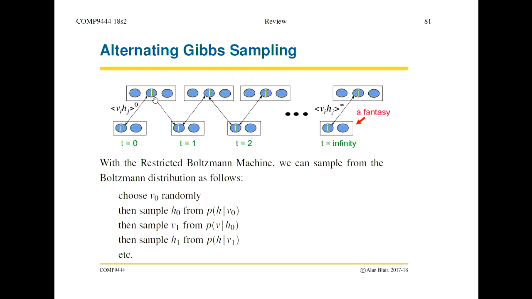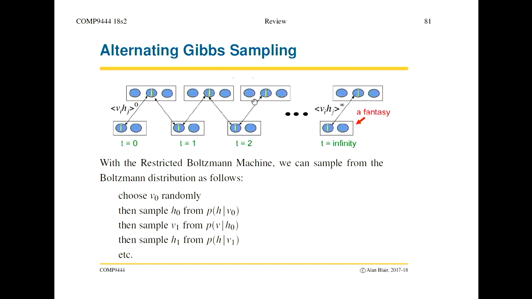And we trained it by alternating Gibbs sampling. As I said, fix the input, change the hidden, fix the hidden, change the input, back and forth. If you do that enough times, eventually this combination of hidden and visible nodes will be like a random sample from the Boltzmann distribution.